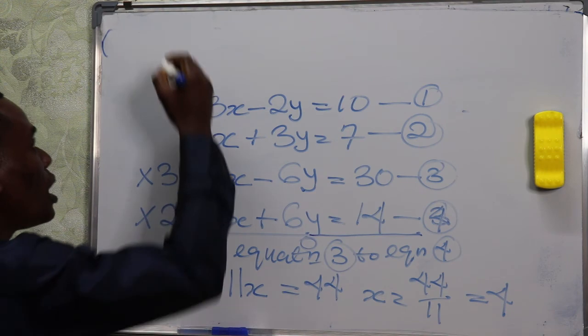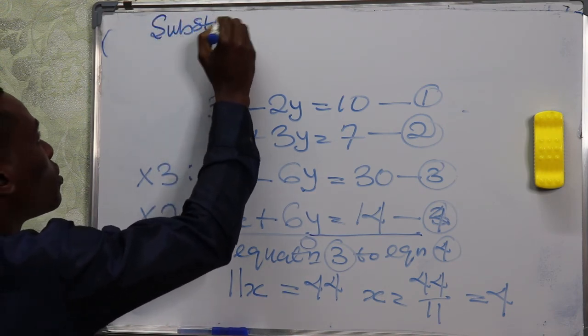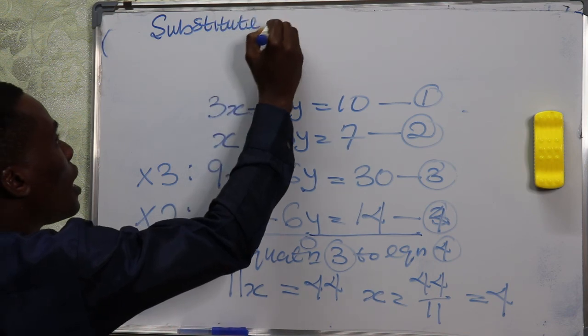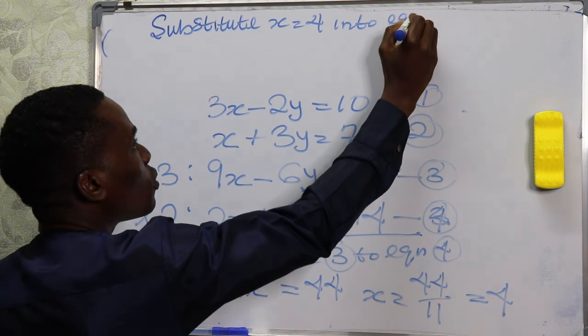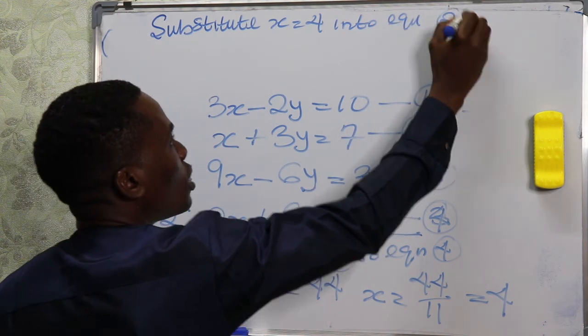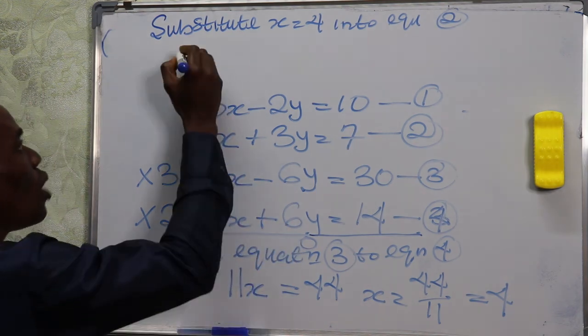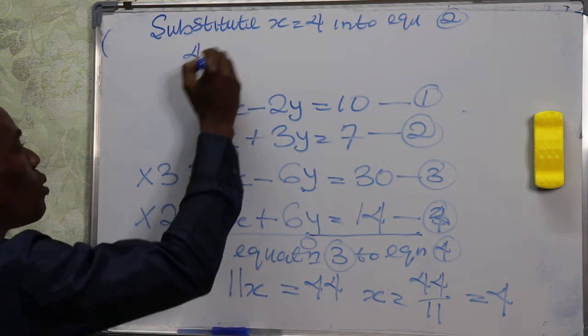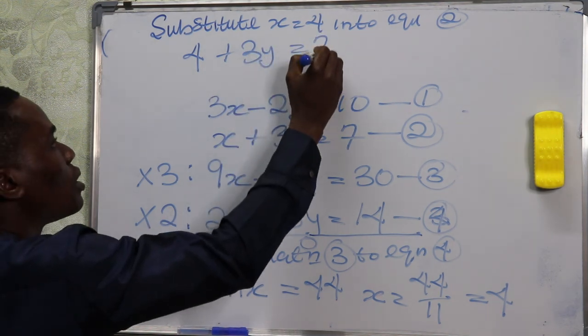So the instruction we are going to give is: substitute x equals 4 into equation 2. Now equation 2 is x plus 3y equals 7. So our x will now be 4. 4 plus 3y equals 7.